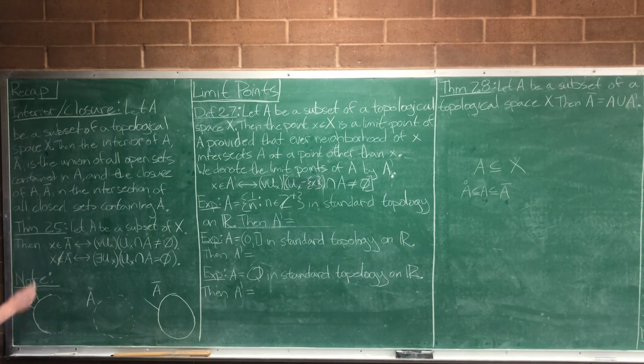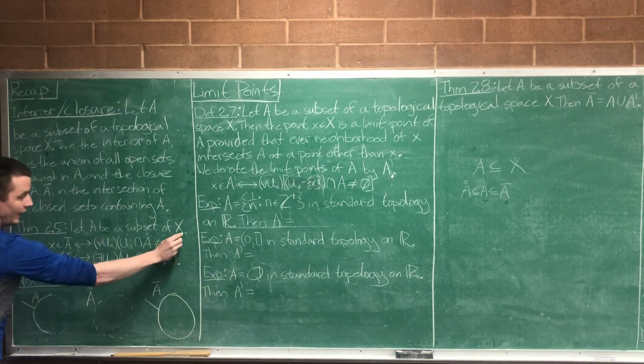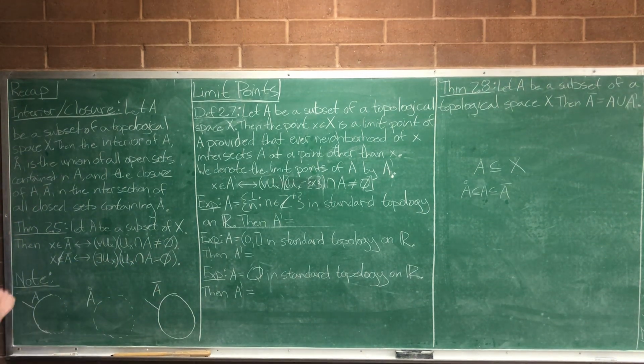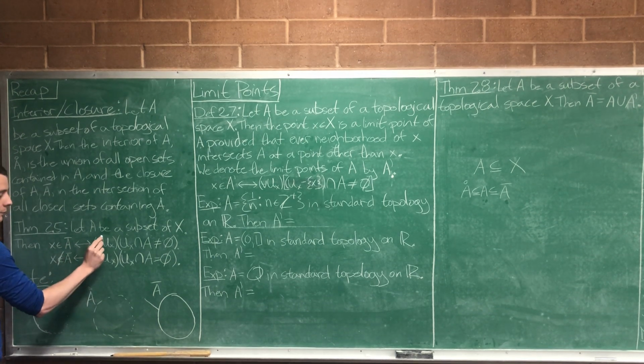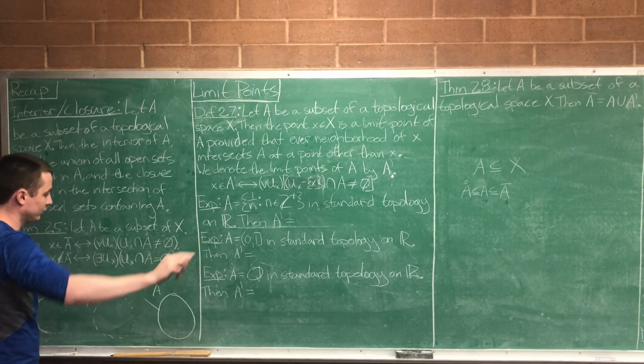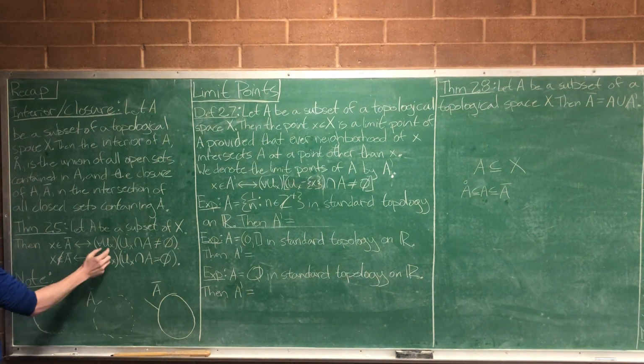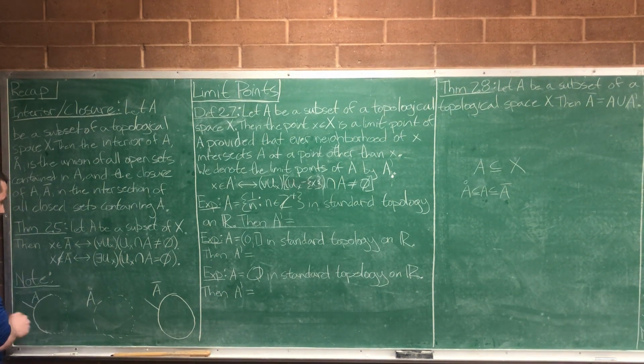Theorem 2.5. Let A be a subset of X, where X is a topological space. Then X is in the closure of A is logically equivalent to: for every u sub X, where remember u sub X stands for a neighborhood of X, that is, an open set containing X. We get tired of specifying that every time, so that's our shorthand, and I said I'd always use u sub X that way.